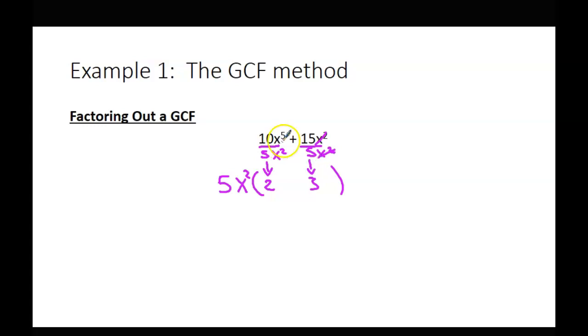But in this case, 5 over 2, that's going to leave us with how many x's? 3. And that's how you take out a GCF. It's like the reversal of distribution. With distribution, you multiply in, right? But with factoring out a greatest common factor, you're dividing out.